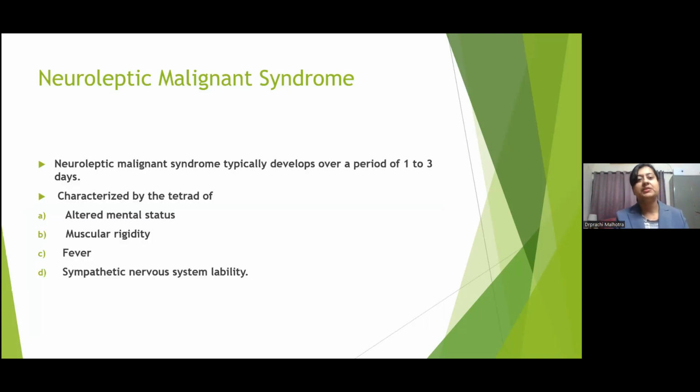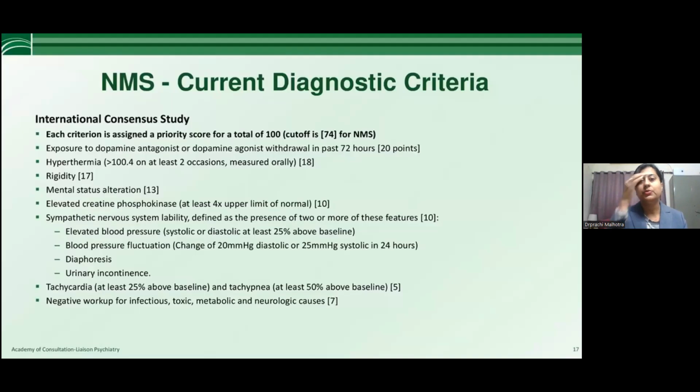Neuroleptic malignant syndrome develops over a period of 1 to 3 days. The classical tetrad is altered mental status, muscular rigidity, fever, and sympathetic nervous system instability. So this is the current diagnostic criteria.